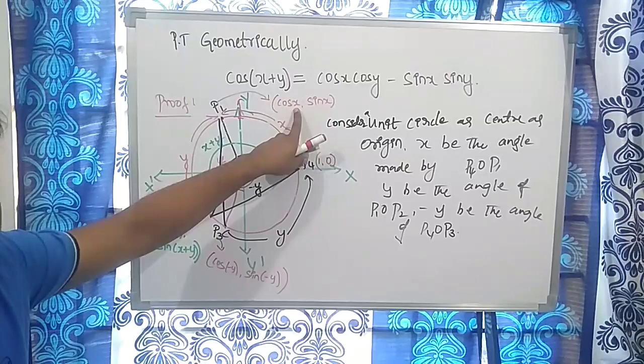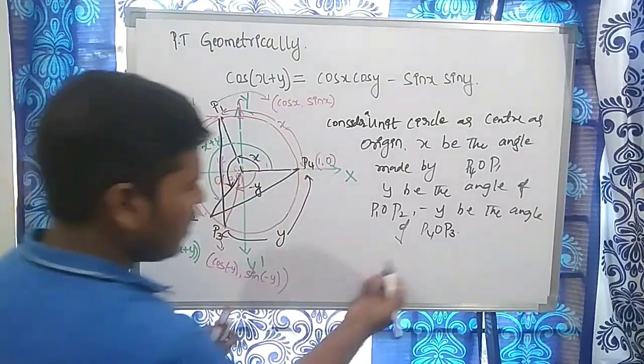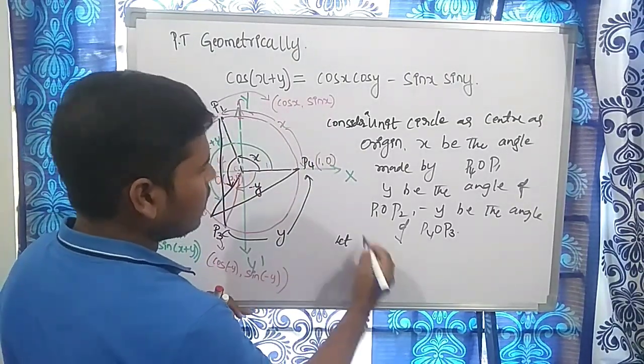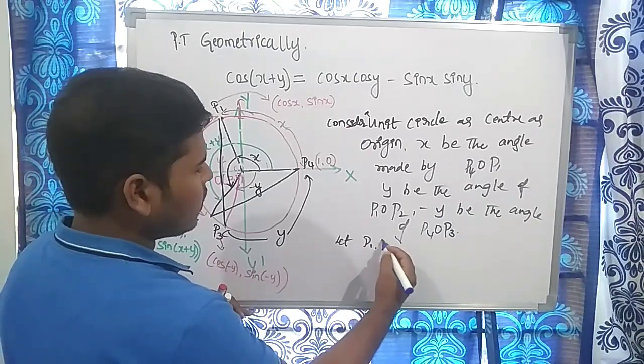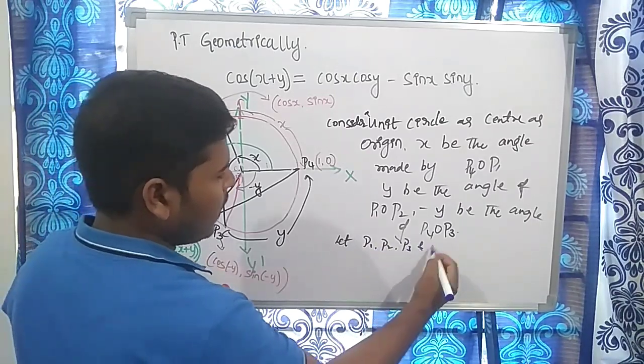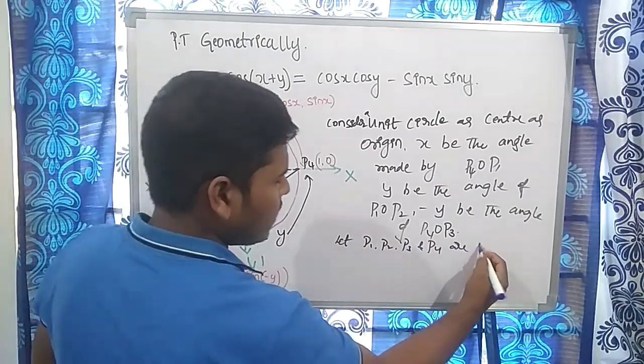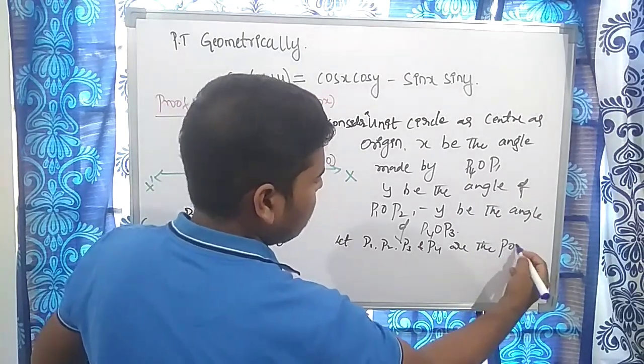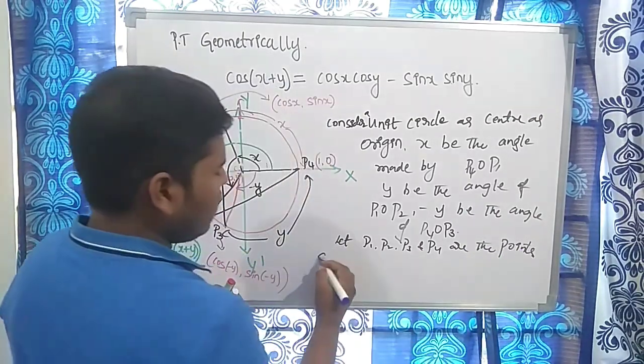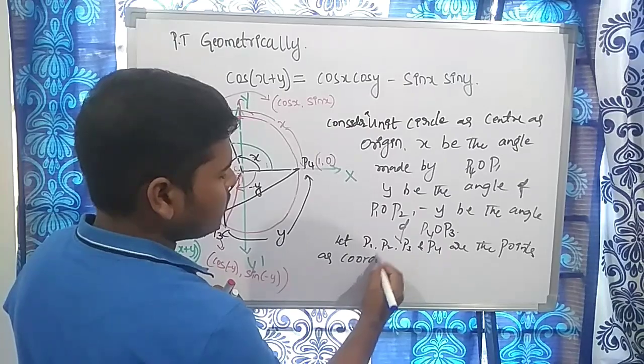For every point we have to write the coordinates. Last step: let P1, P2, P3 and P4 be the points as coordinates.